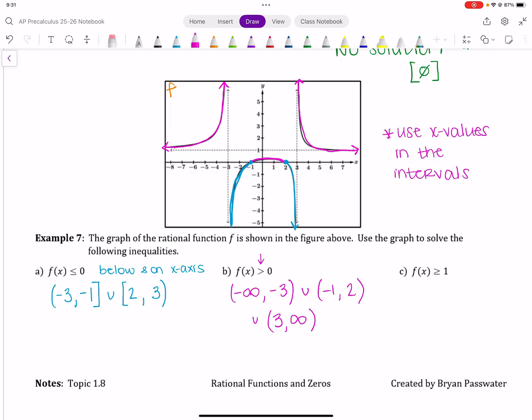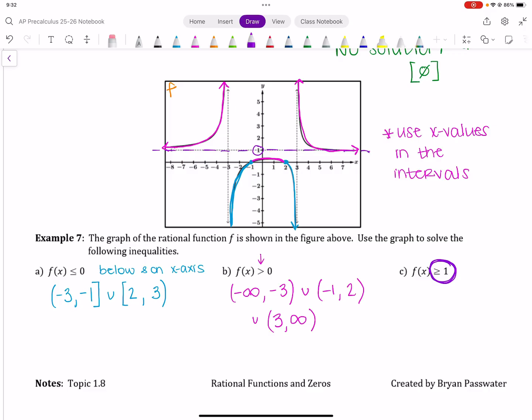So our last example is asking us where f of x is greater than or equal to 1. So instead of looking at above or below the x-axis, we're looking at above or below, just above 1. And if we look at 1, that's where our horizontal asymptote is.